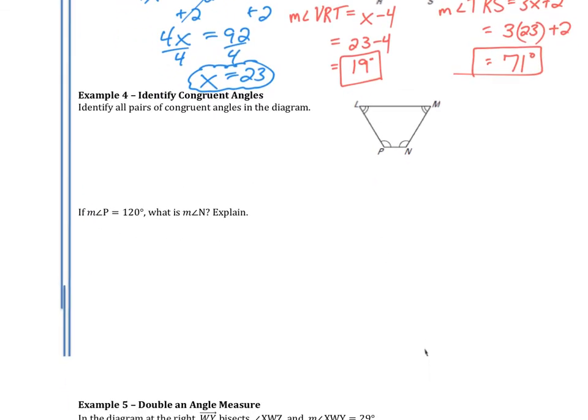Example 4, identify the congruent angles. It says identify all pairs of congruent angles in the diagram. So if you look at the picture, congruent angles have the same number of arcs. So do you see how this angle and this angle both have 2 arcs?